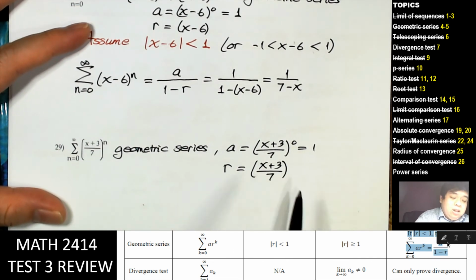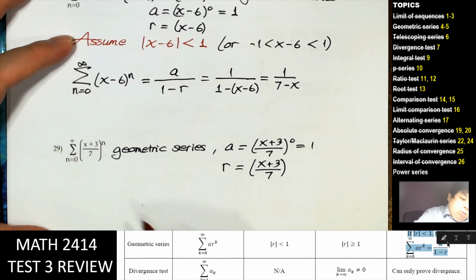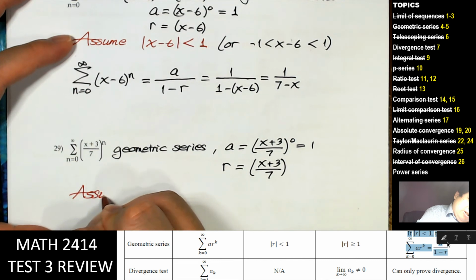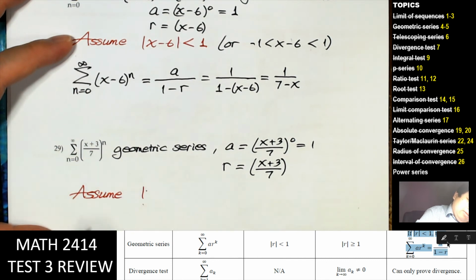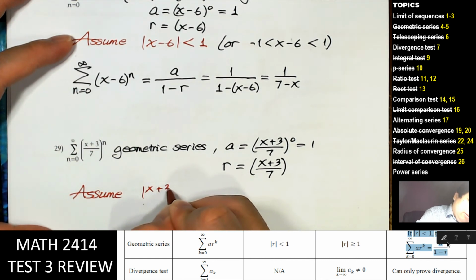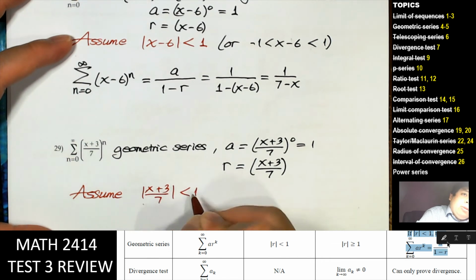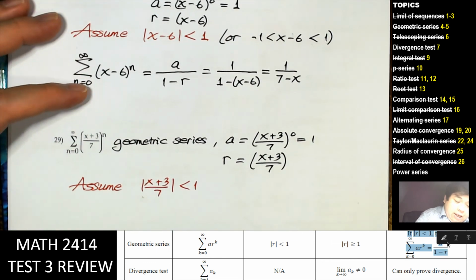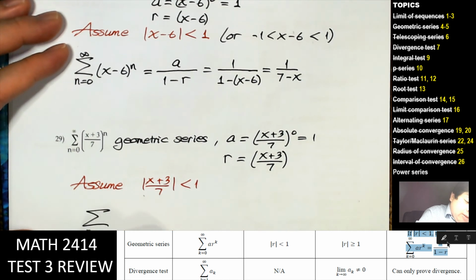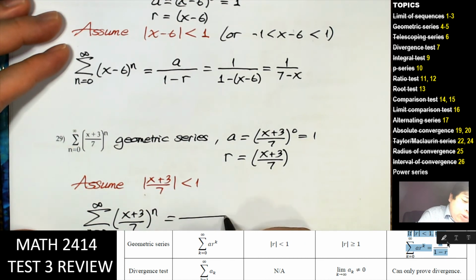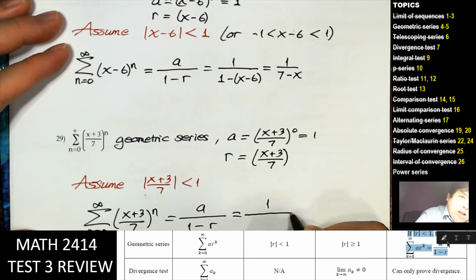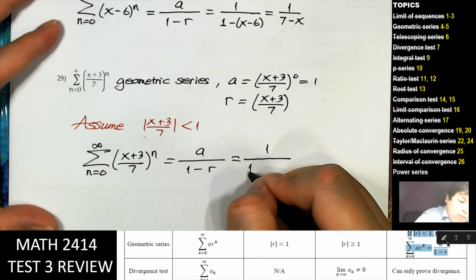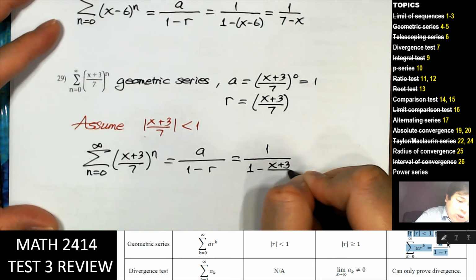And assuming that it is between -1 and 1, then we can say the series is equal to a over 1 minus r, which is 1 over 1 minus x plus 3 over 7.